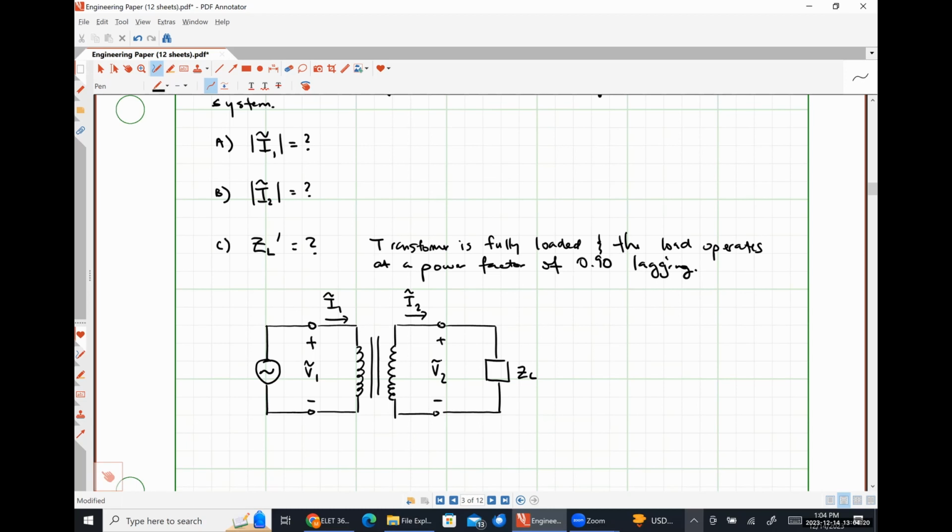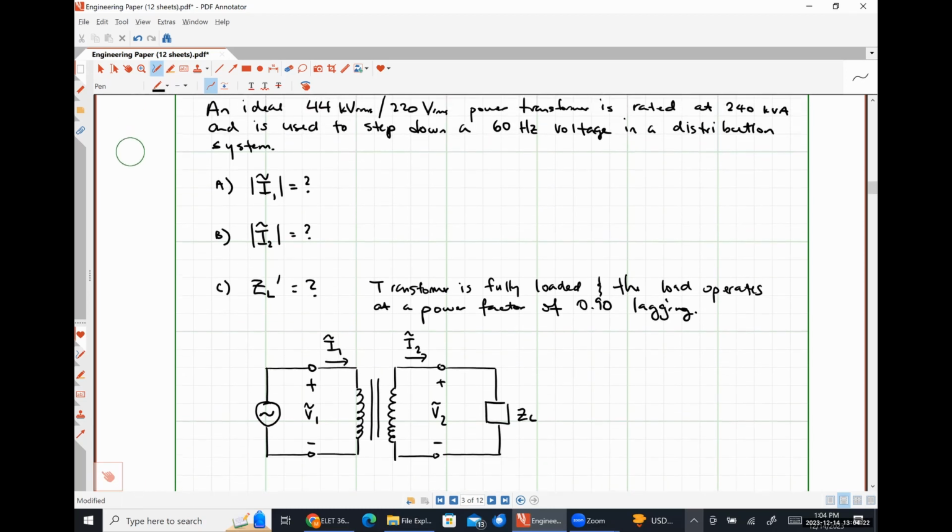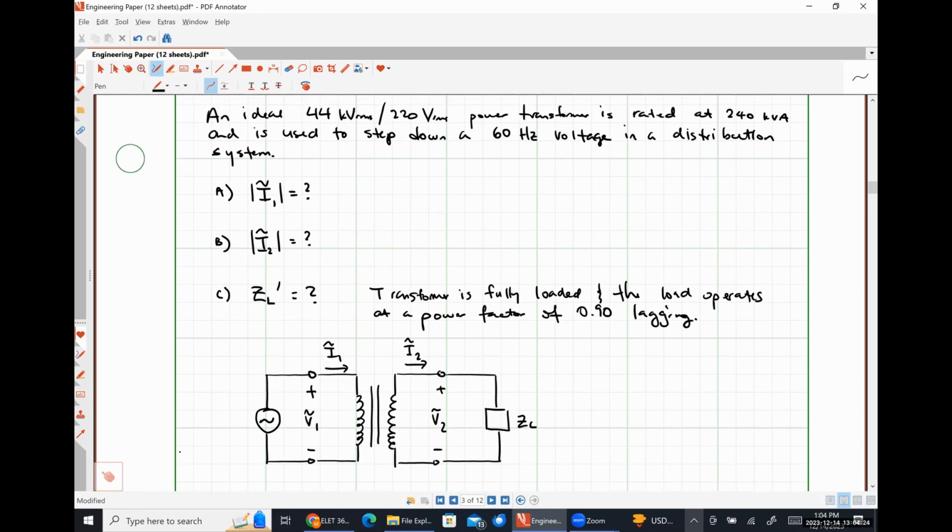All right, so a couple of things that we potentially need to discuss here regarding the terminology that we're using. So what does it mean that our transformer is rated at 240 kilovolt amperes?